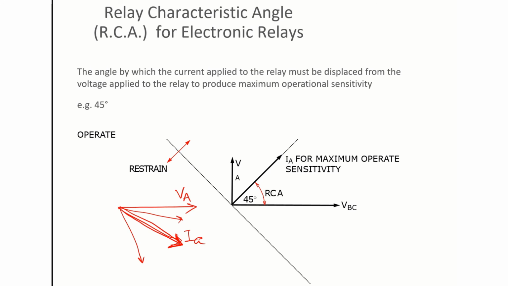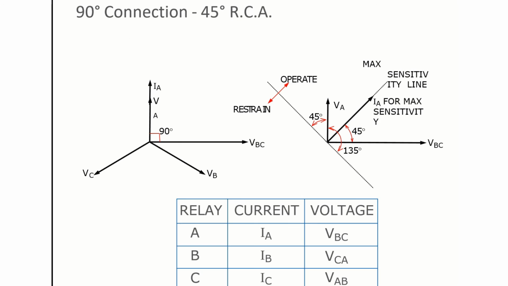This shift in angle is called relay characteristic angle. Now if you see this example, VBC is the quadrature voltage for A phase, and if this angle is shifted 45 degree for maximum operating sensitivity, then this 45 degree is called your RCA angle.